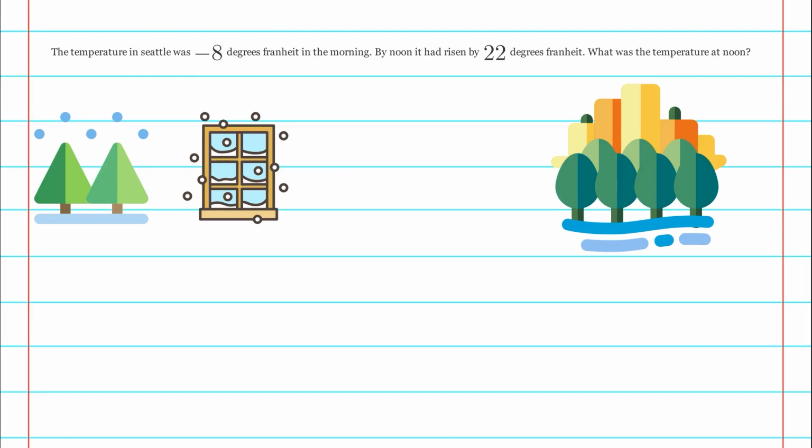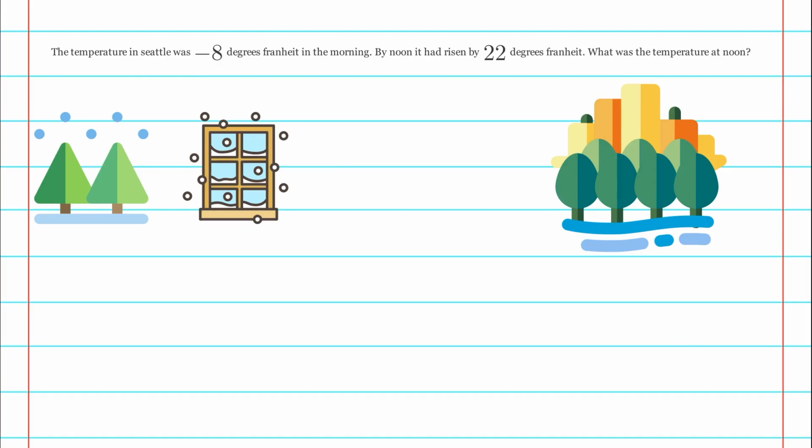Well, to determine this, we can analyze the wording. The key phrase here is "it had risen by." This indicates an increase in temperature, suggesting that this is an addition problem.